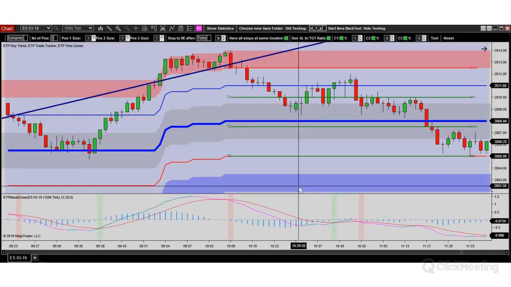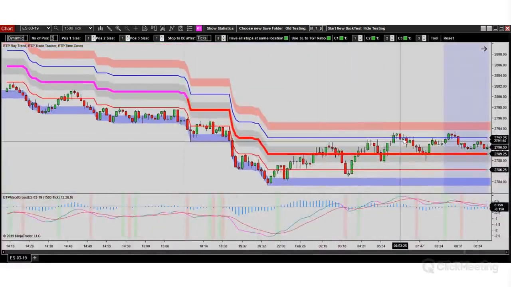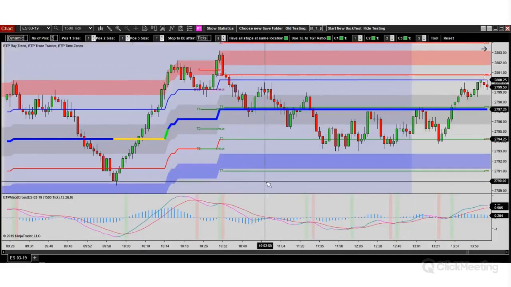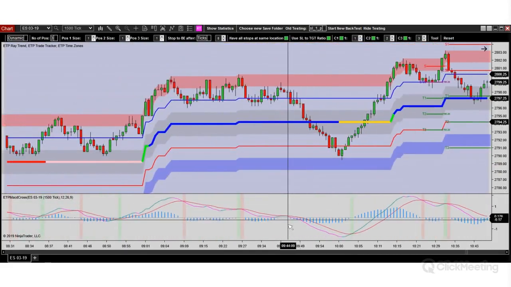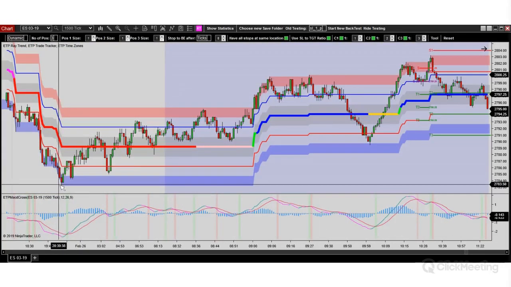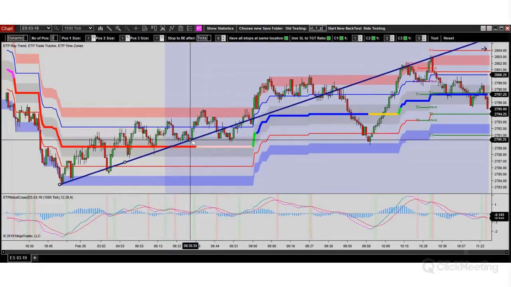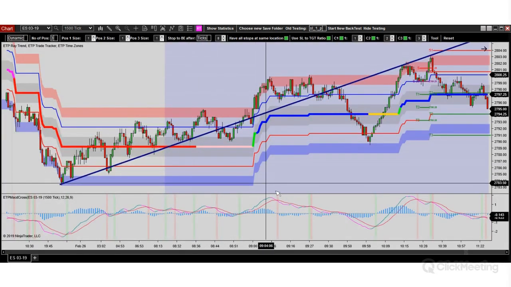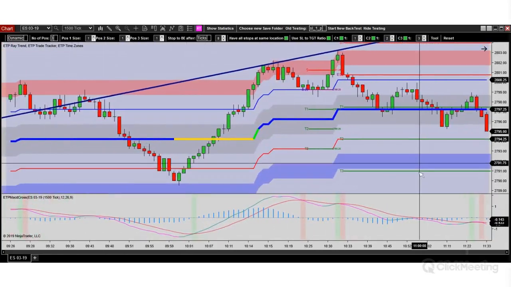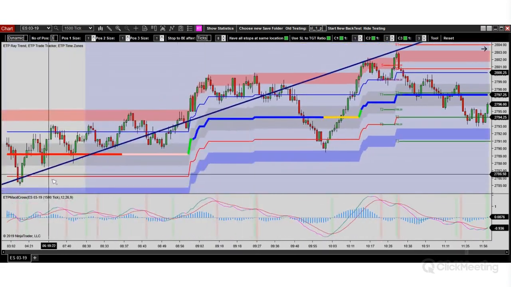Offer wants to see a failed signal. Sure, we had one just here. There it is. So the failed signal. Actually, this was like that. No, it was not like that.